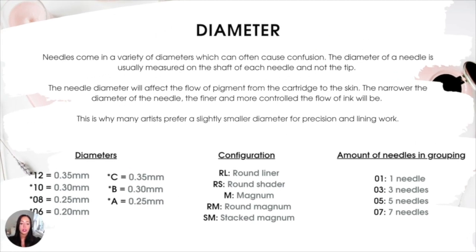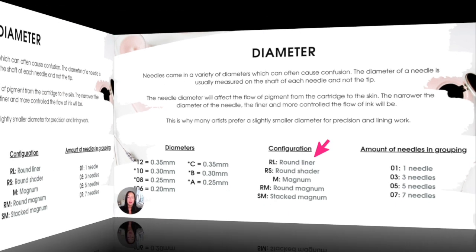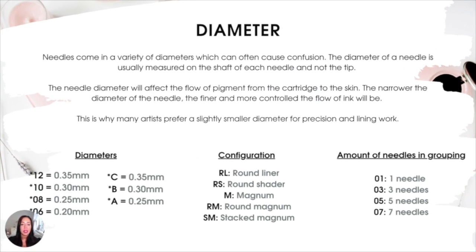Then your label is going to show your configuration. So you'll generally see RL, which means it's a round liner, RS, round shader, M, magnum. Sometimes you'll see an RM or an SM, which is a round magnum or a stacked magnum. And then the actual amount of needles that are in that cartridge, that is your grouping.